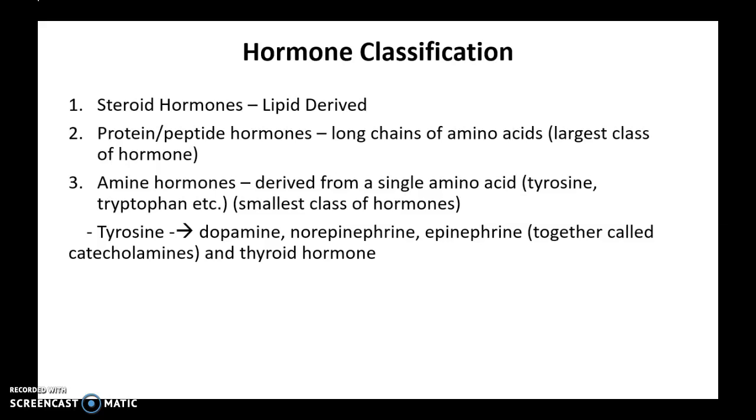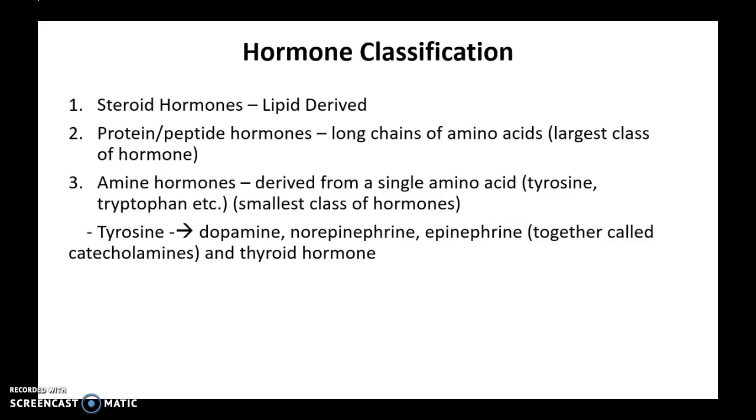It is derived from the amino acid tyrosine. But thyroid hormone behaves like a steroid hormone. So although thyroid hormone is derived from the amino acid tyrosine, remember it behaves like a steroid hormone. And we will understand why in a bit when we talk about the structure of thyroid hormone.